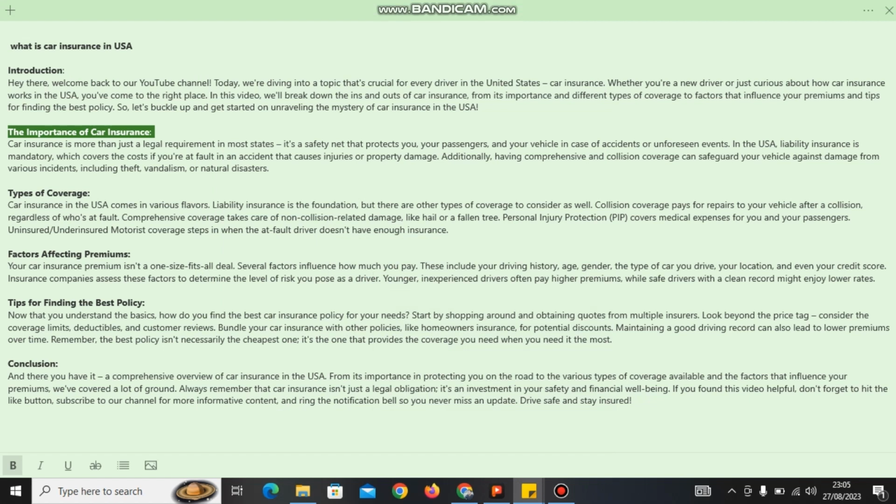In the USA, liability insurance is mandatory, which covers the costs if you are at fault in an accident that causes injuries or property damage. Additionally, with comprehensive and collision coverage, you can safeguard your vehicle against damage from various incidents, including theft, vandalism, or natural disasters.